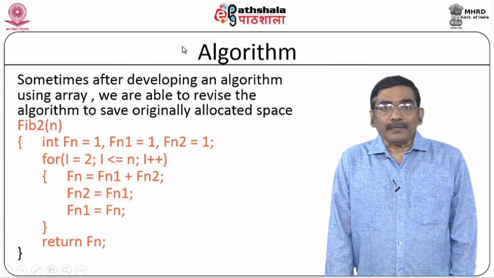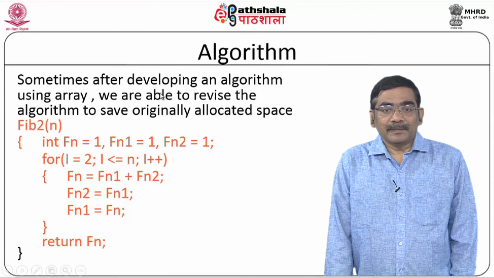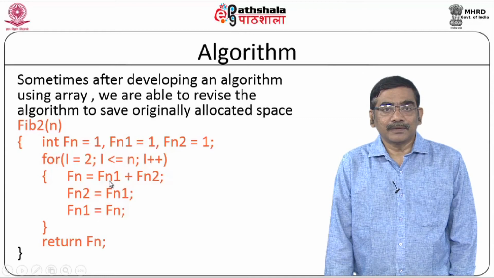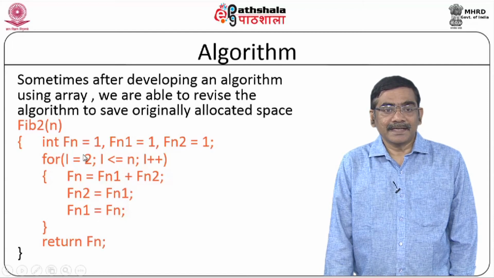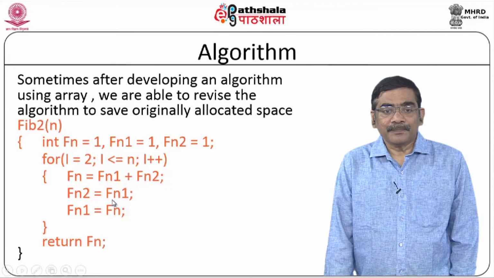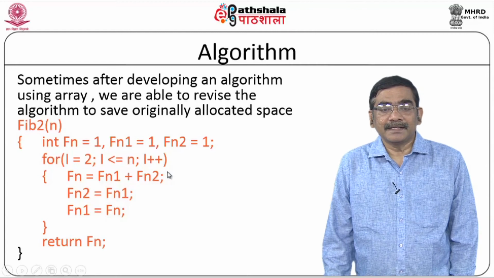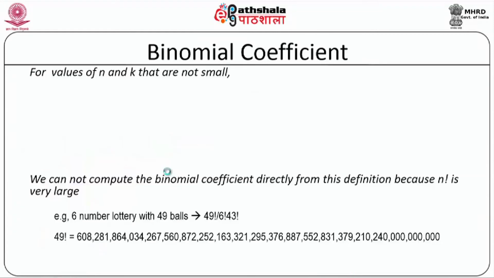You can tune this algorithm by means of iteration also. In this case, you are trying to optimize the space. So, you can see that I am starting with a loop, where I compute f of n as the sum of f of n minus 1 and f of n minus 2, and I am simply reassigning the variables so that even the space is not wasted.